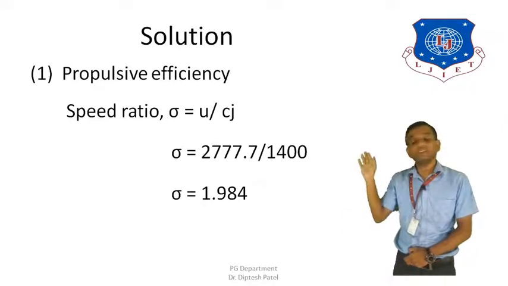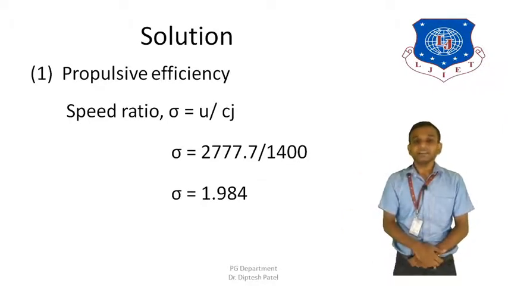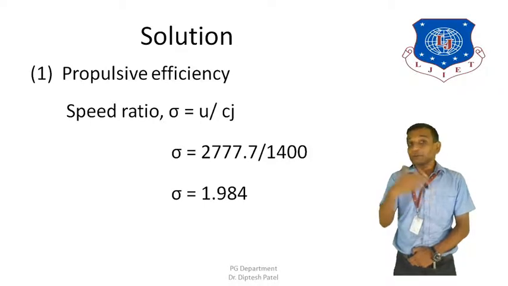We need to keep the unit the same. Therefore sigma is equal to 2777.7 divided by 1400, and the speed ratio would be 1.984. So that is the ratio of the velocity of the rocket engine to the velocity of the gases leaving the nozzle.